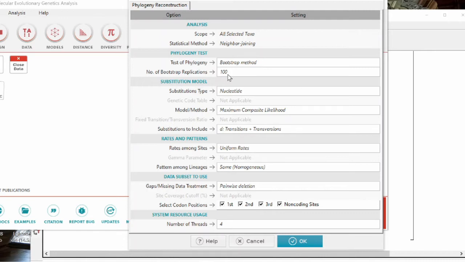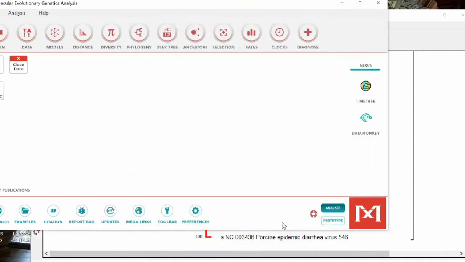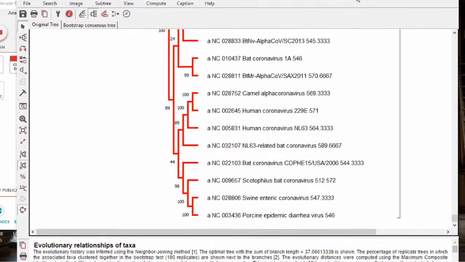We choose 100 replications, not 500 as we used before, because the data set is big and we want to complete it in a reasonable time. Then we just execute it. After about 3 to 5 minutes, we'll get these results.